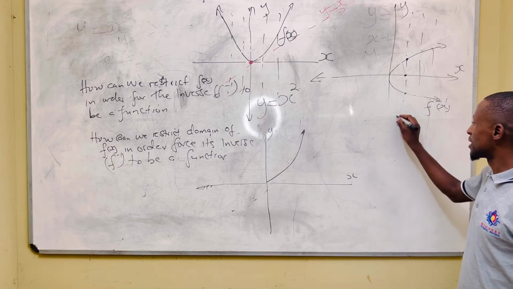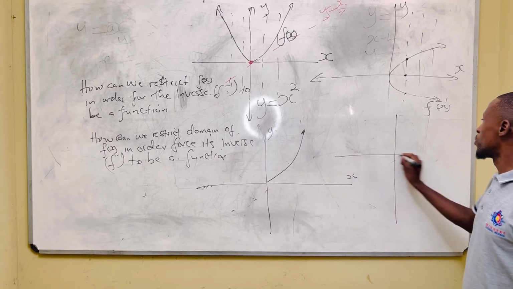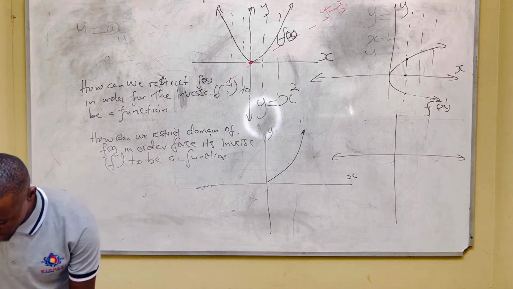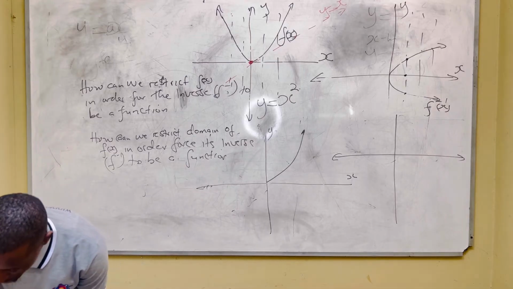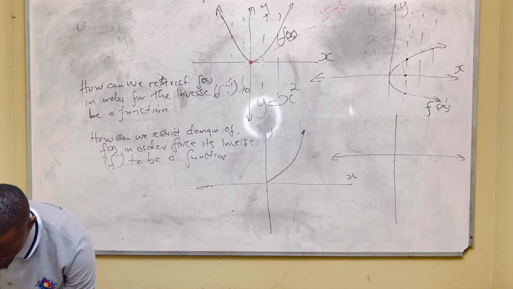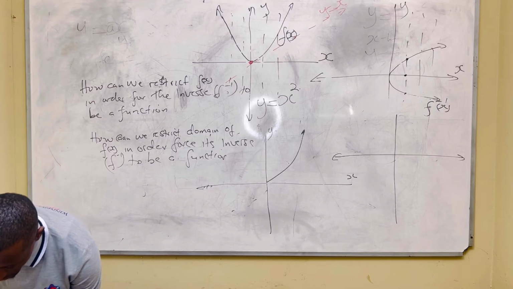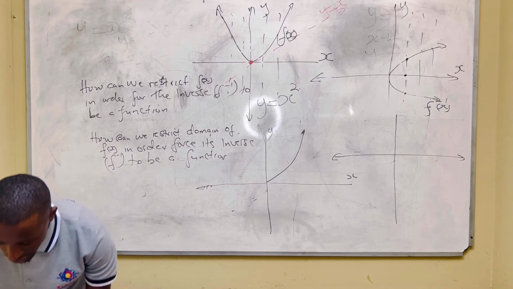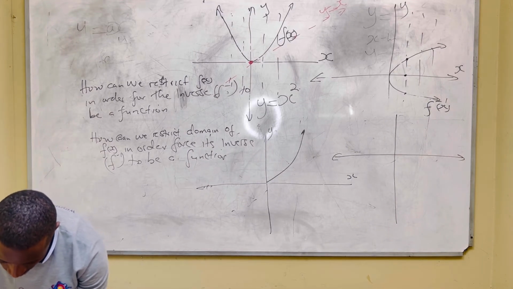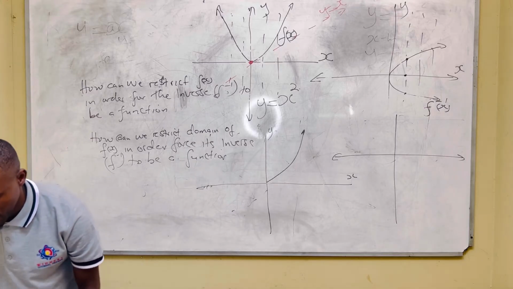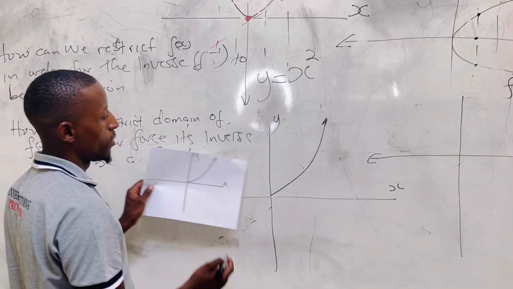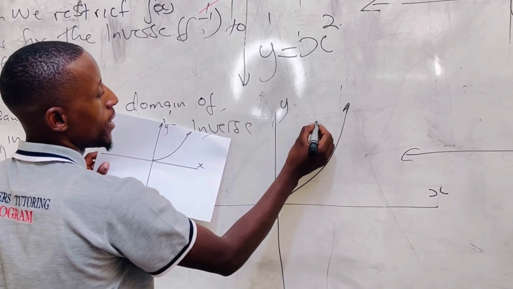So let's do it practically and see how the inverse is going to be. Let's check how the shape is going to change now. Alright, here is the original graph, which is f of x.